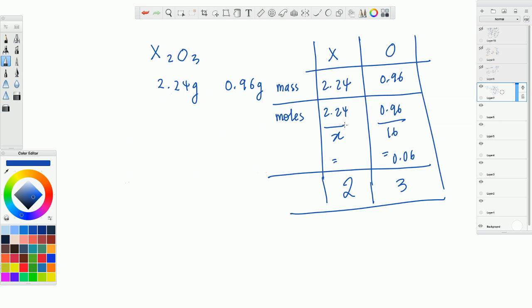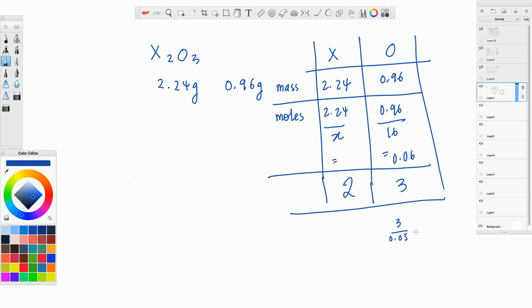So let's see. 3 divided by 0.06 is 50. Which means that 0.06 times 50 equals to 3, right?